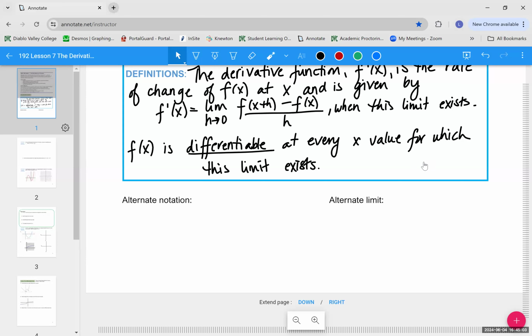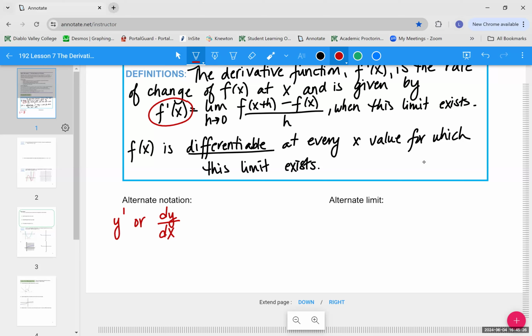So we have some alternate notation. f prime of x is the common notation, but we could write it as y prime, or there is this secondary notation dy dx. And that comes from the fact that there were two different people who developed calculus at the same time.